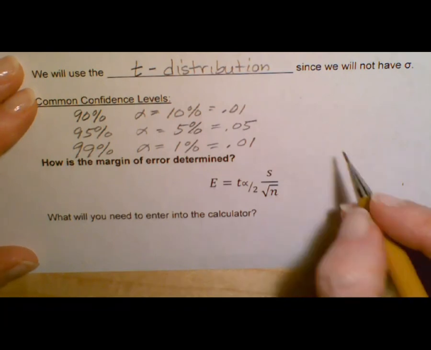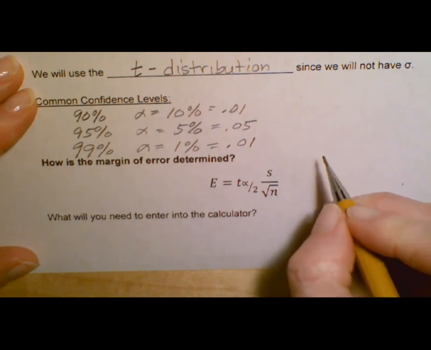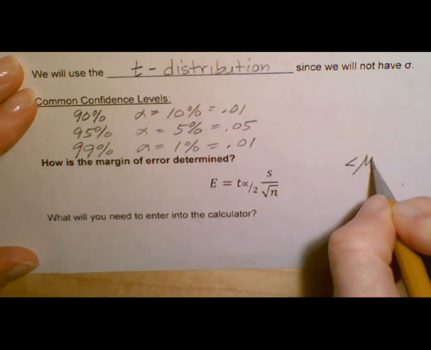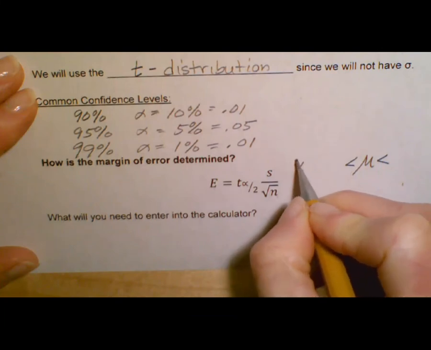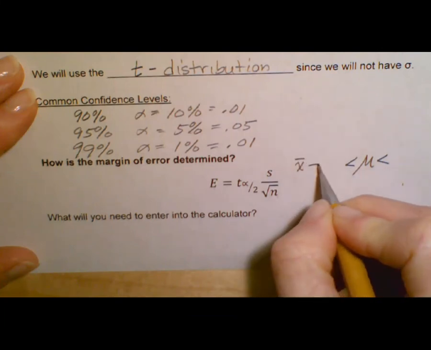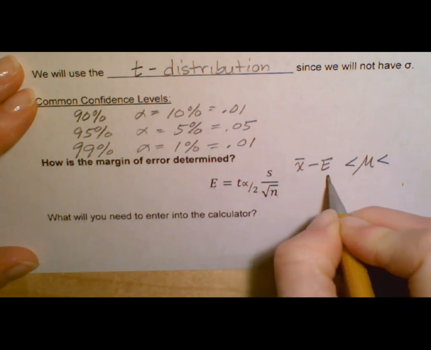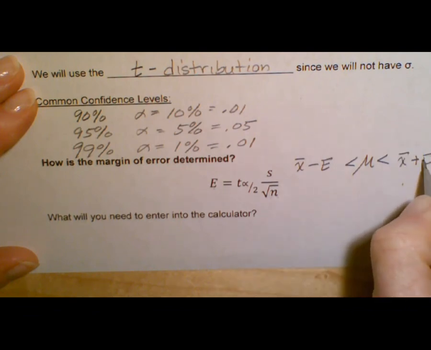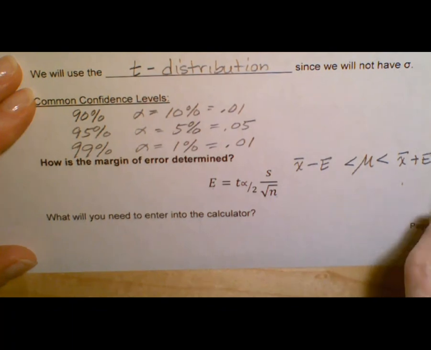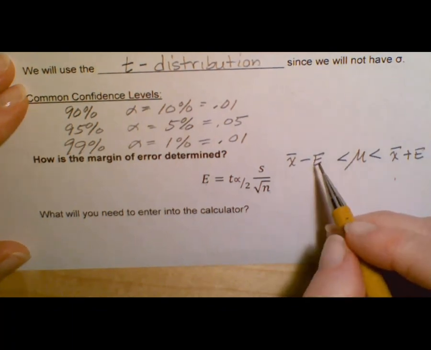So remember, we're going to be constructing a confidence interval about mu, where we have our sample mean minus the margin of error is the lower bound, and our sample mean plus the margin of error will be the upper bound. And the calculator is just going to give you, as before, a lower bound and an upper bound.